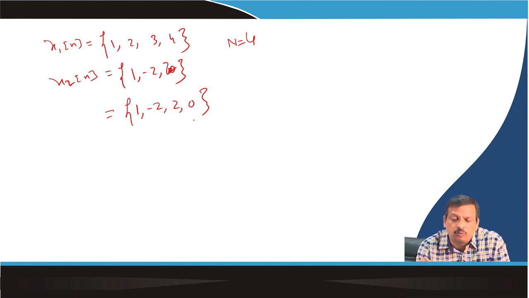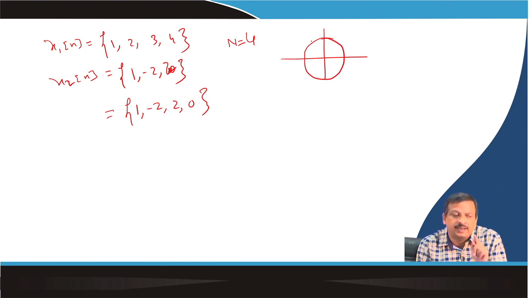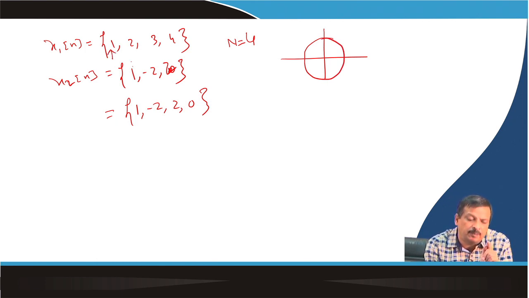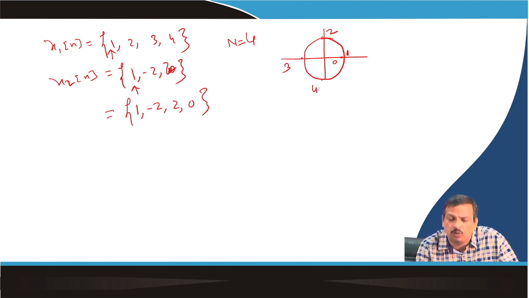Now I have to draw. First you draw x1[n]. When you draw, think that this is your 0th sample. Anti-clockwise, the index is positive. If this index is 0, the value is 1; this index is 1, the value is 2; this index is 2, the value is 3; this index is 3, the value is 4.